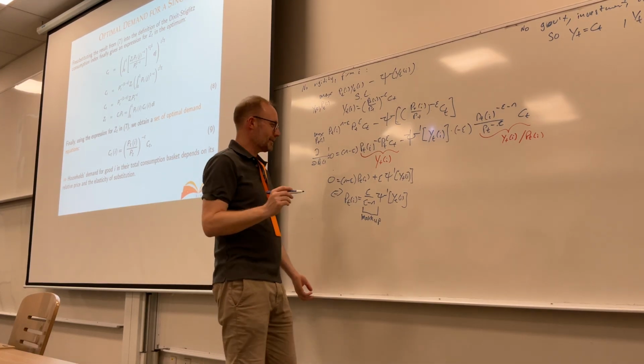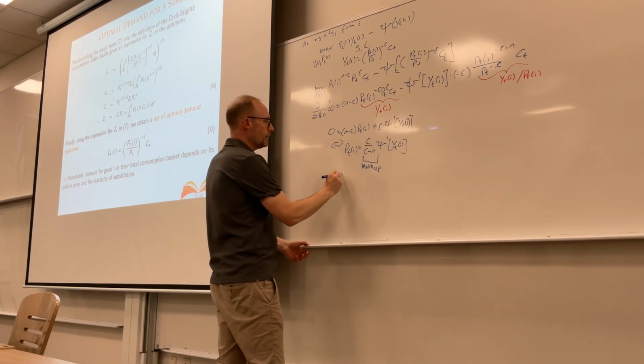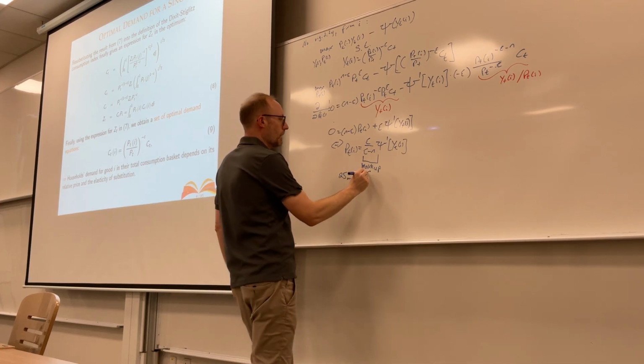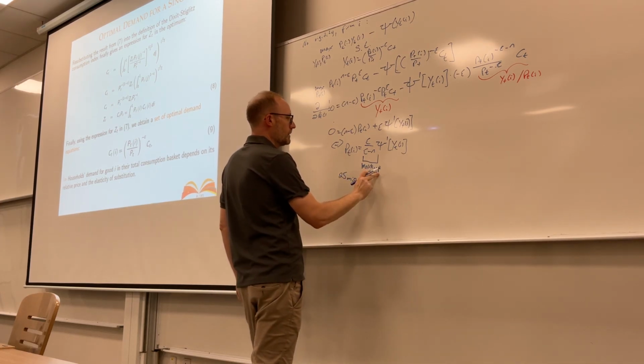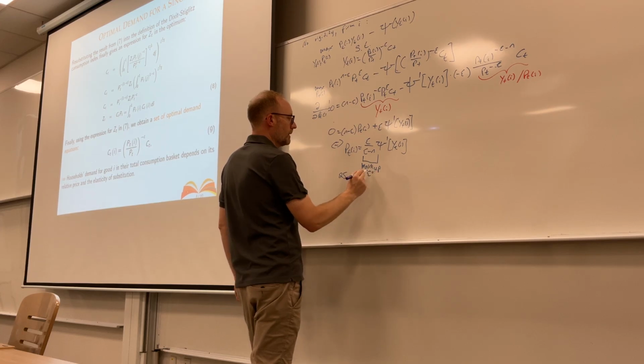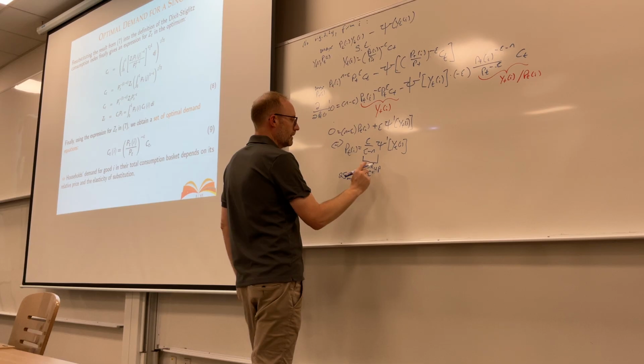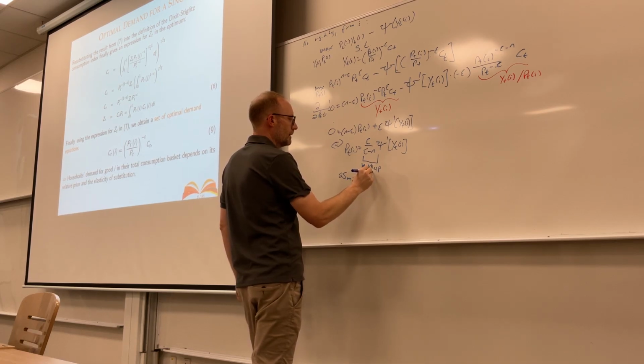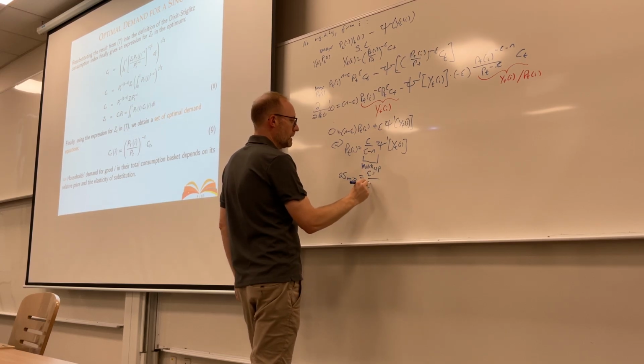Yeah, okay, so we have 25, or let's call it epsilon. That's supposed to be the markup now. It's just epsilon over epsilon minus 1.